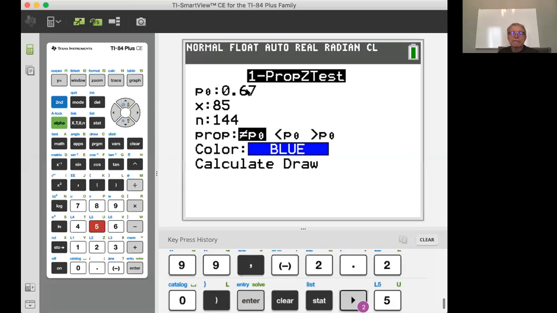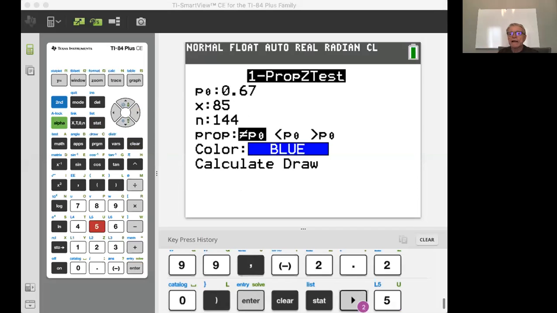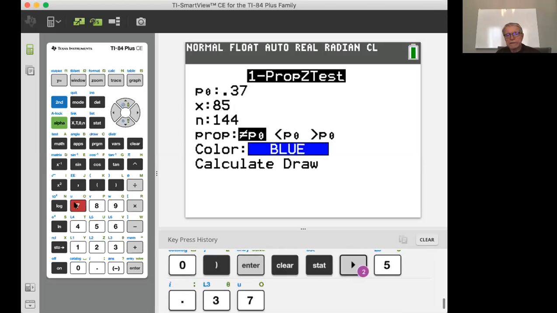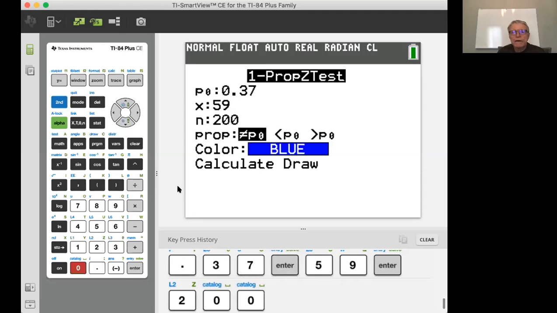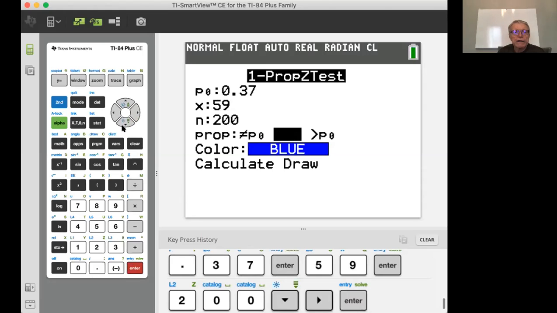Then 0.37, then 59, and 200. And it was a left-tailed test, so let's go down to here and over to p less than, hit enter, and then we go down to calculate.